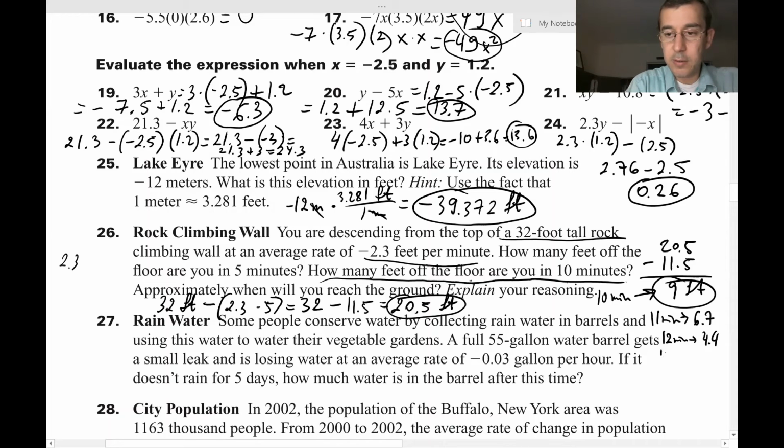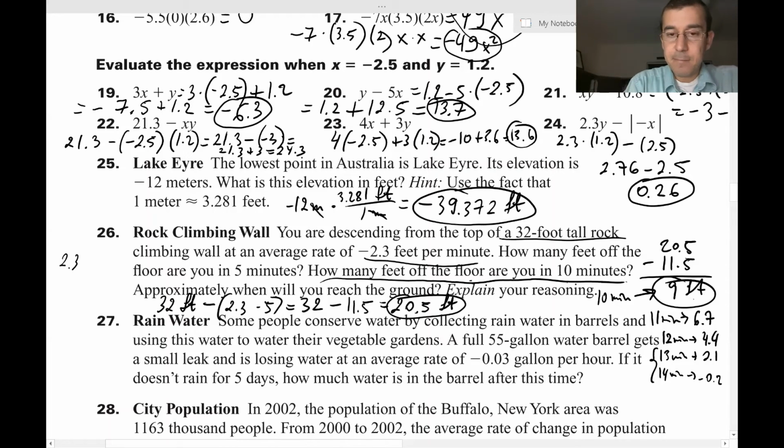Almost there, right? At 13 minutes, you're 4.4 minus 2.3, or 2.1. And then at 14 minutes, you're at 2.1 minus 2.3, you're minus 0.2. So it's somewhere between 13 and 14 minutes when you reach 0, or you reach the ground.